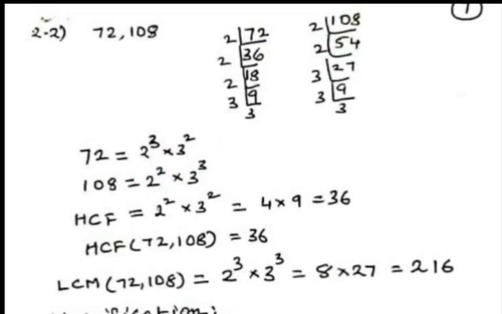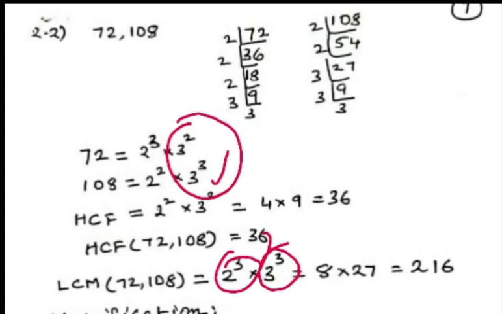Now to find LCM, we have to consider the highest power. Between 2 power 2 and 2 power 3 we consider 2 power 3, and between 3 power 2 and 3 power 3 we consider 3 power 3. So LCM is 2 power 3 multiplied by 3 power 3. Now the verification part.